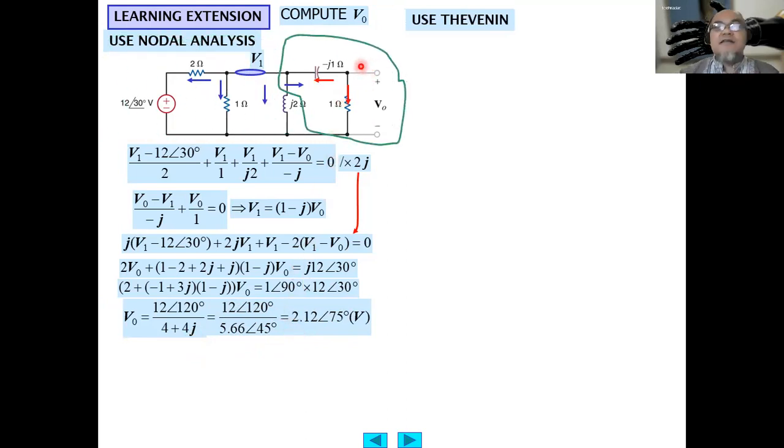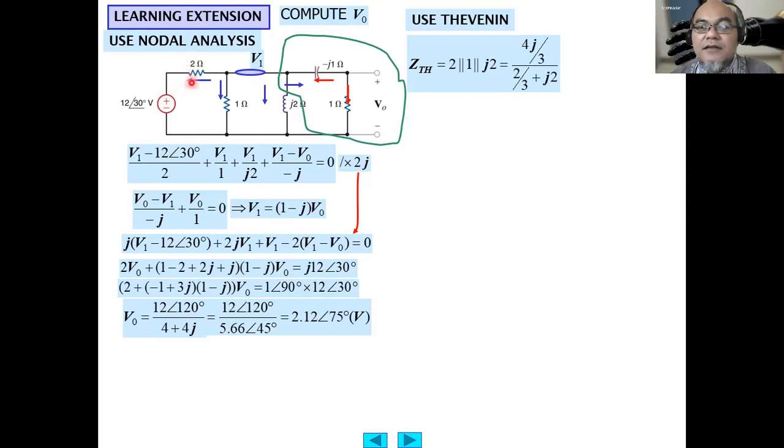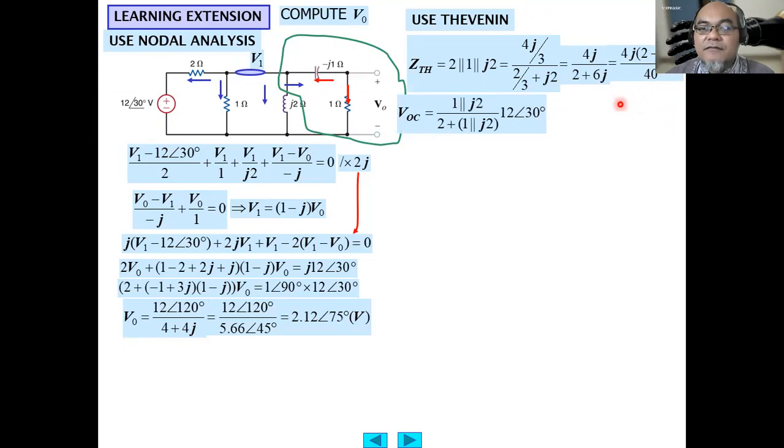If we use Thevenin, then we need to simplify first between these two terminals, and then we can short circuit this independent voltage source. Then we obtain the equivalent Thevenin impedance as 2 in parallel with 1 in parallel with j2. So we obtain this equivalent Thevenin impedance, 4j divided by 2 plus 6j, or 4j times 2 minus 6j divided by 40.